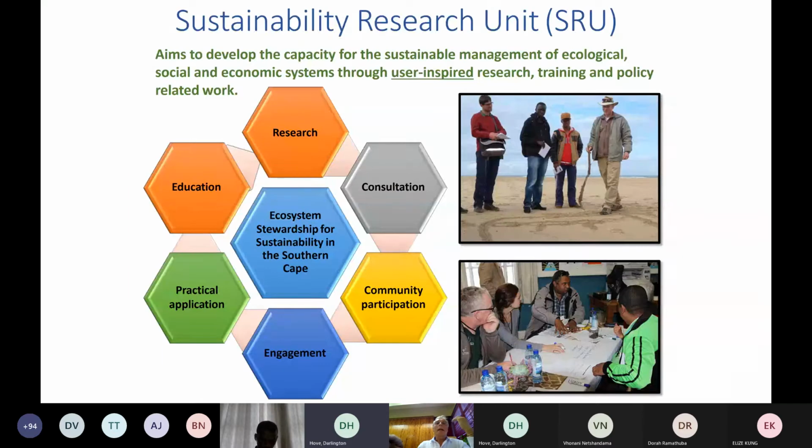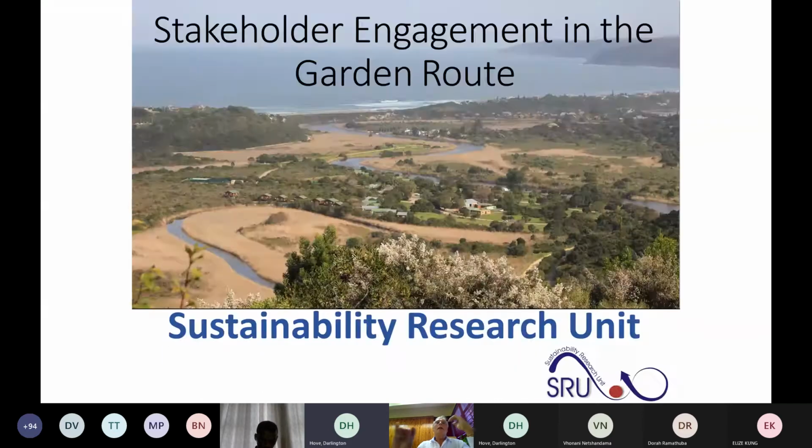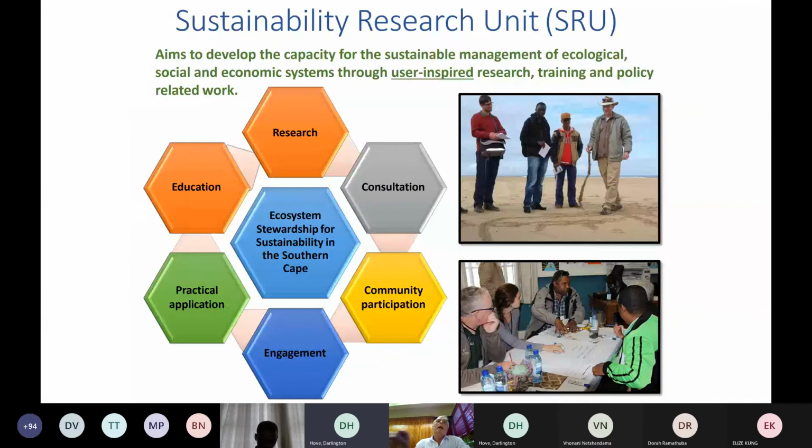The second one that I want to refer to is stakeholder engagement in the Garden Route. This is done by one of our units, which is the sustainability research unit, also involving a great deal of community input and community partnerships. And they work with a specific model: consultation, participation, practical application, education, and then they research it.